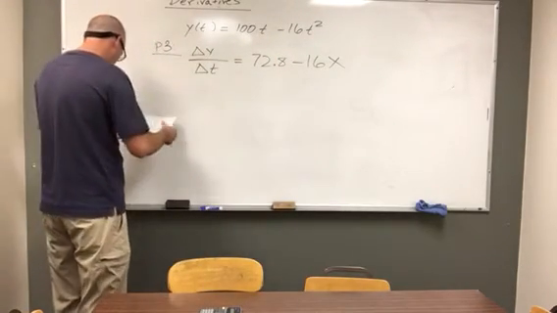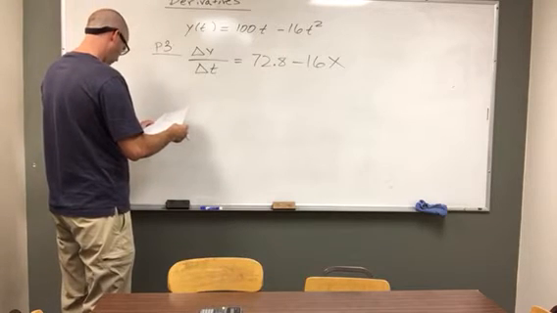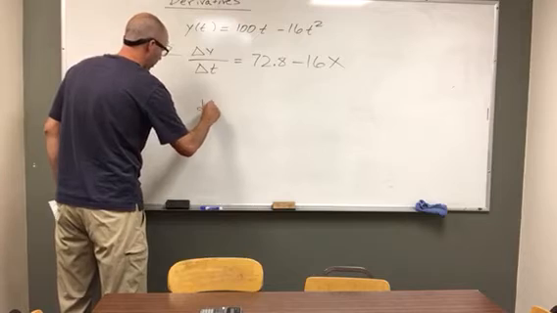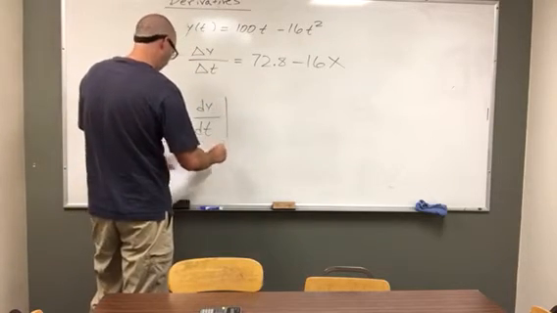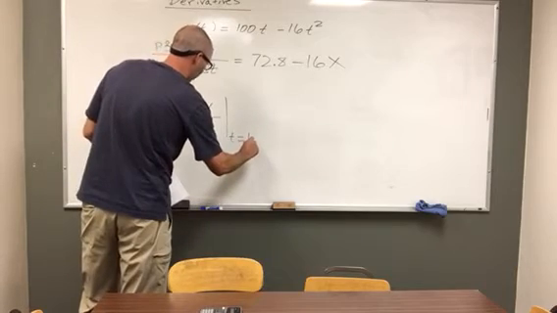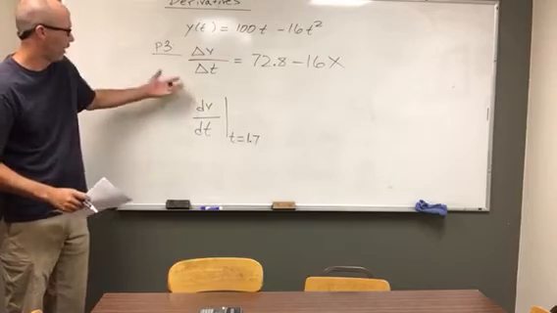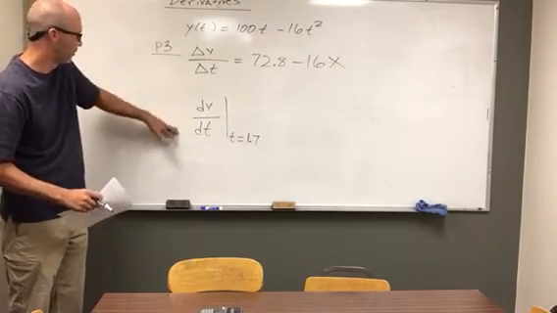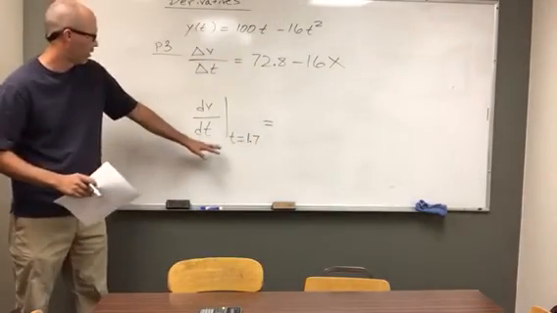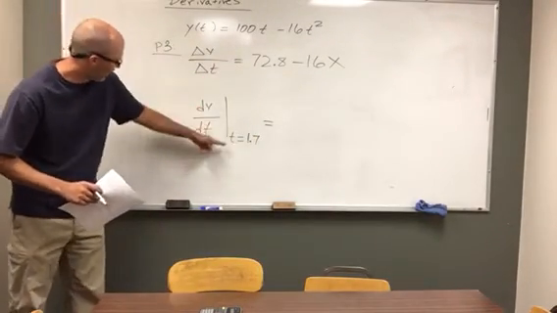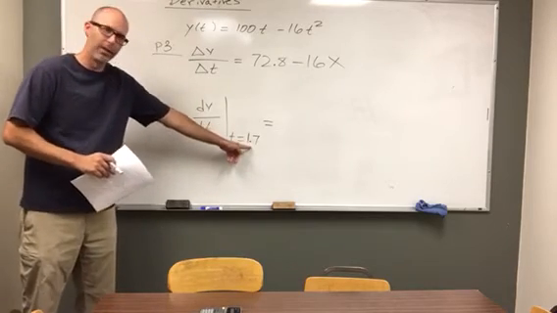Now you want to evaluate, okay, so dy dt at t equals 1.7. Okay, dy dt, really same thing, change in y, change in t. So the vertical line, think of it as saying evaluated at 1.7.